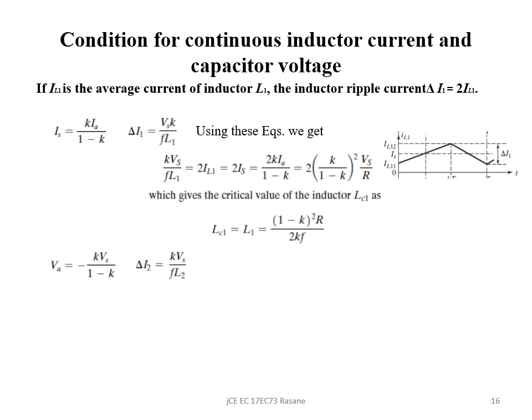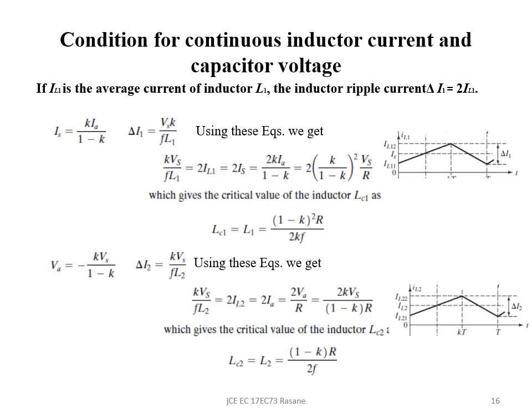Now let us look at the capacitor. We'll use the same equation. Delta I2 is equal to K into Vs upon F into L2. This also we have derived earlier. And using these equations, we'll be getting 2 times IL2. The average value of inductor current IL2 is same as the load current, that is Ia.